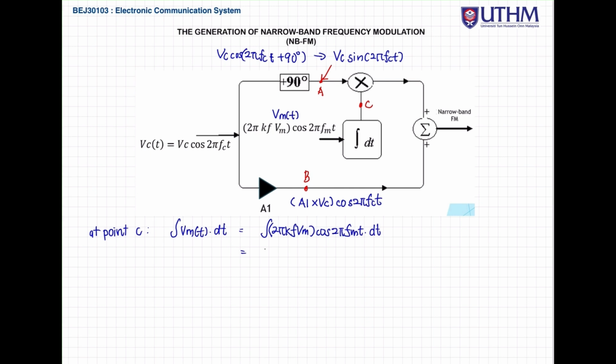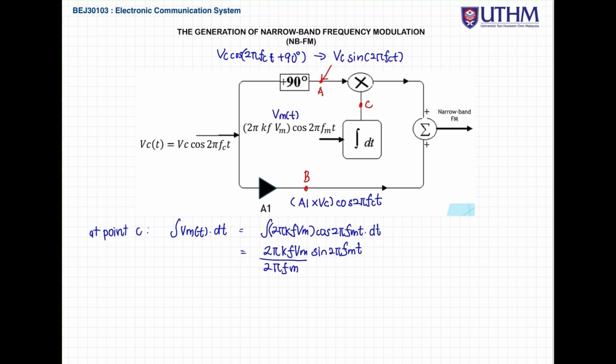The integration of cos becomes sine, so sin 2π fm t over 2π fm.